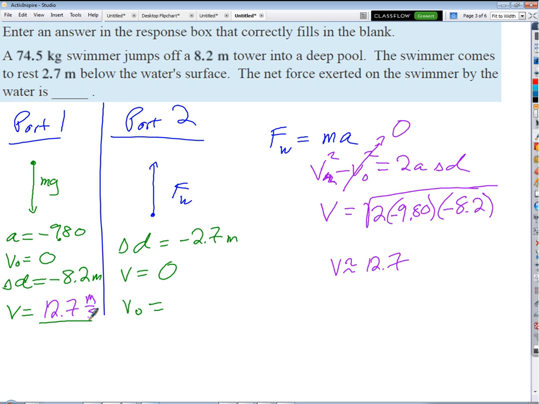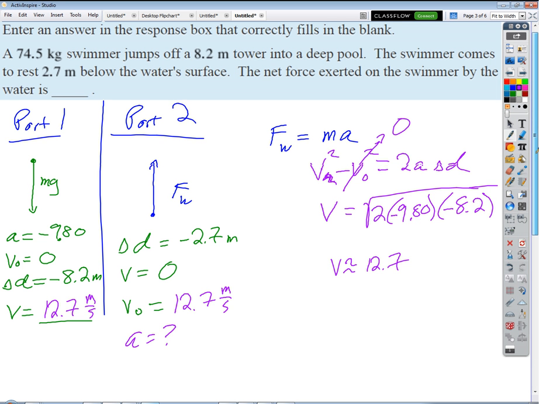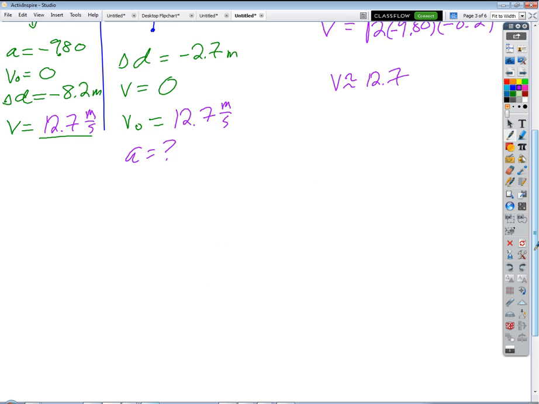So the final velocity of the first part becomes the initial velocity of the second part, and that allows us to solve for A, doesn't it? What's the equation we're going to use then? Yeah, same one, no t.